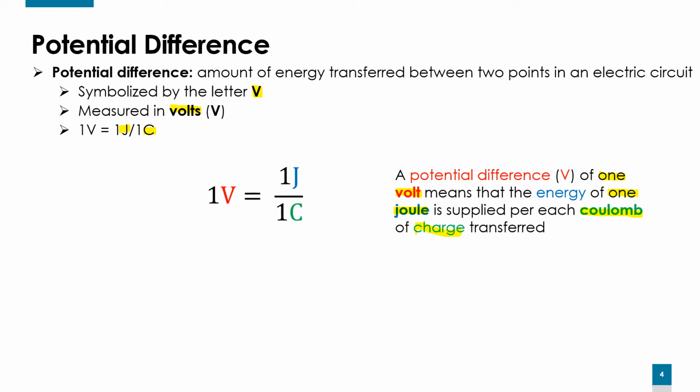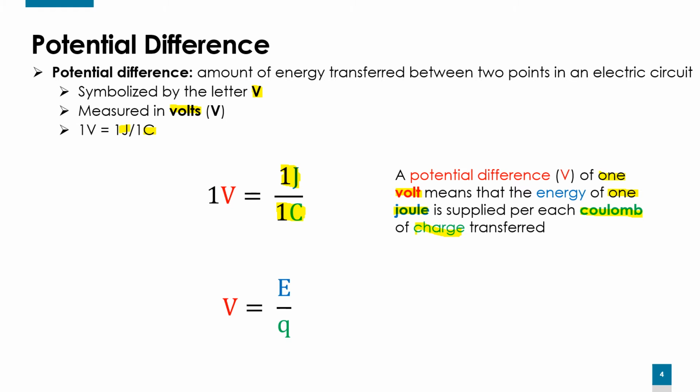This means 1 volt. So 1 volt means 1 joule of energy is being supplied by each coulomb of charge that I'm transferring, okay? So for volt, we also continue using V for potential difference. Joule is a measure of energy, okay?